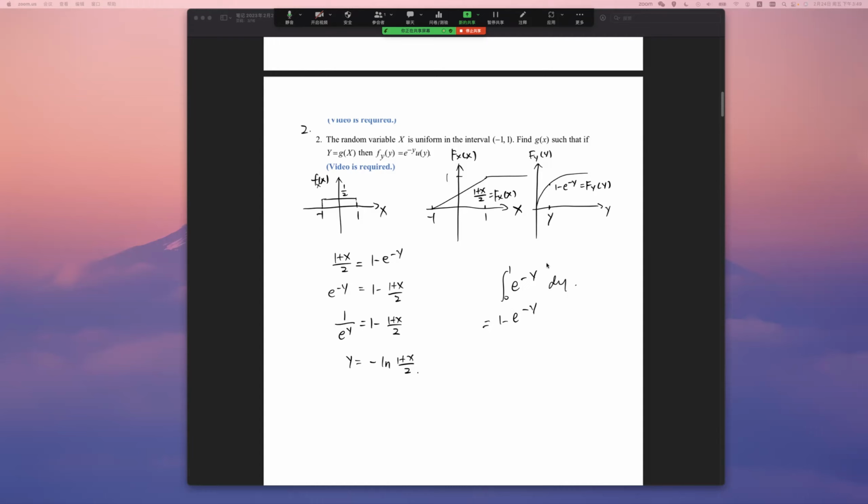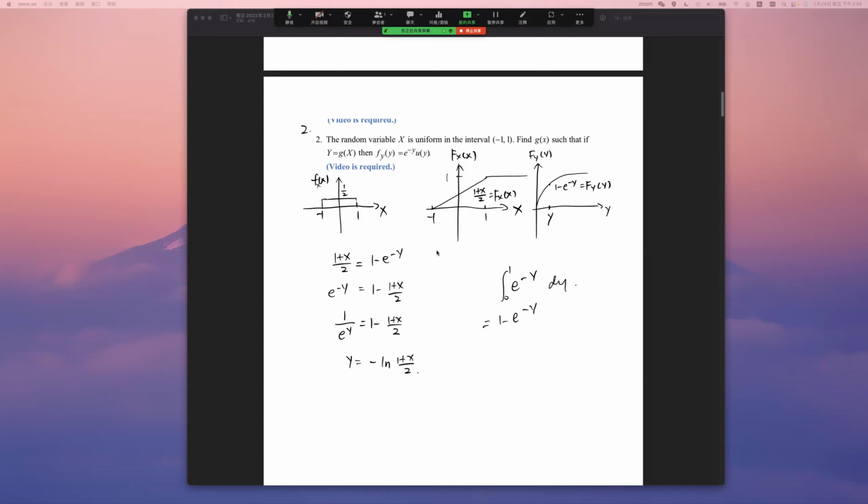So the integral should be from 0 to 1 of e to the power of -y. And we plug in 1 and 0 and get the formula: the big F_Y function equals 1 minus e to the power of -y.